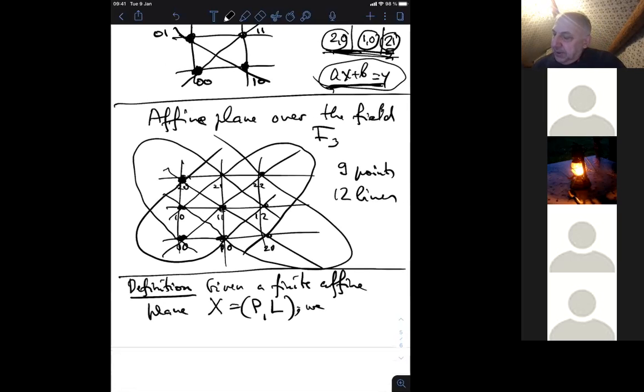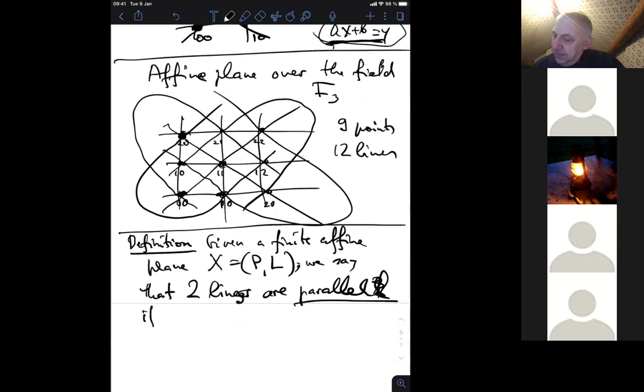Okay, given an affine plane, we say that 2 lines are parallel if they either coincide or do not intersect.